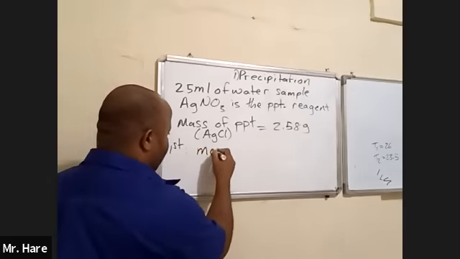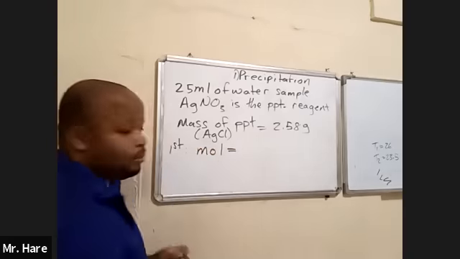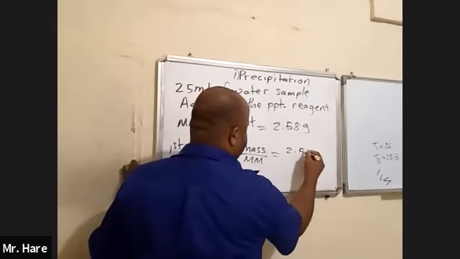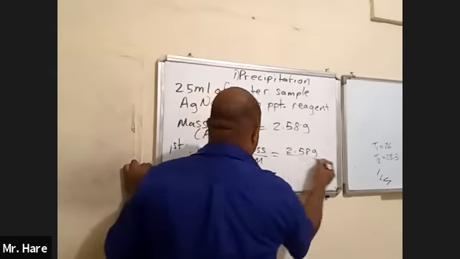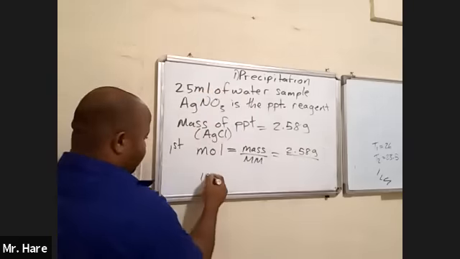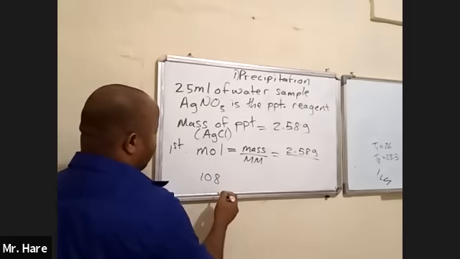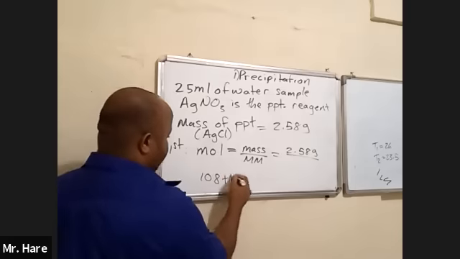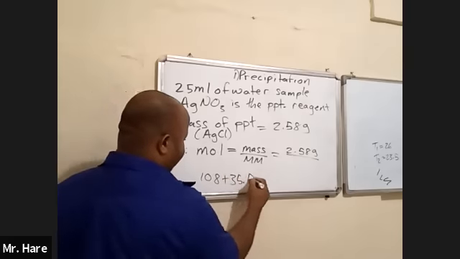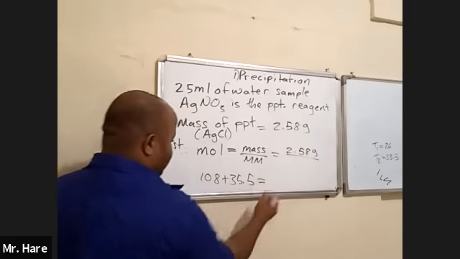Now, what is the formula for finding moles? Mass over RMM. And the mass here is 2.58 grams. Silver is 108, and chlorine is 35.5, so that would give you 143.5.